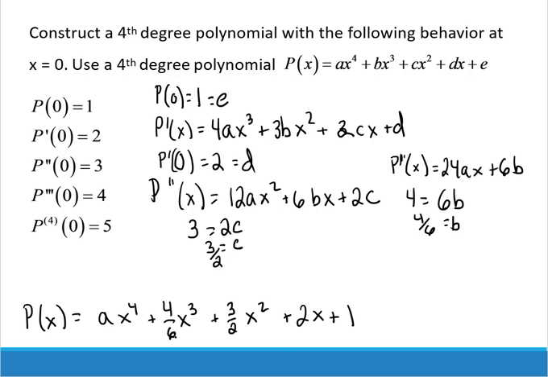And lastly, my fourth derivative is equal to 24a, and that equals 5. So a is going to equal 5 over 24.